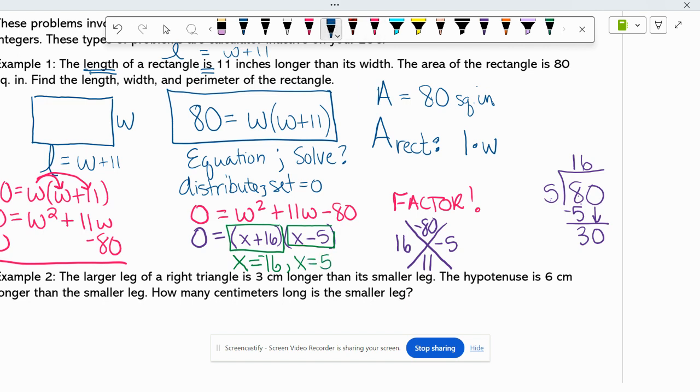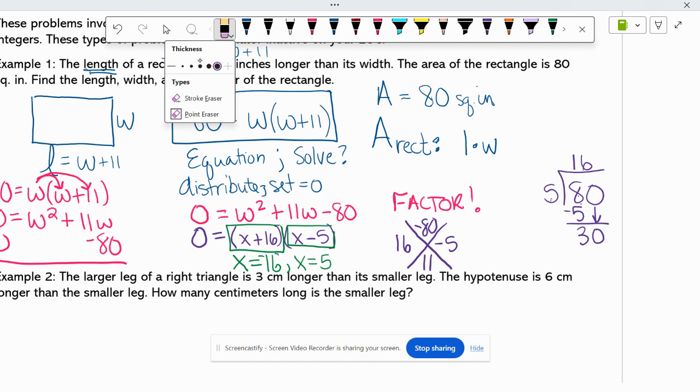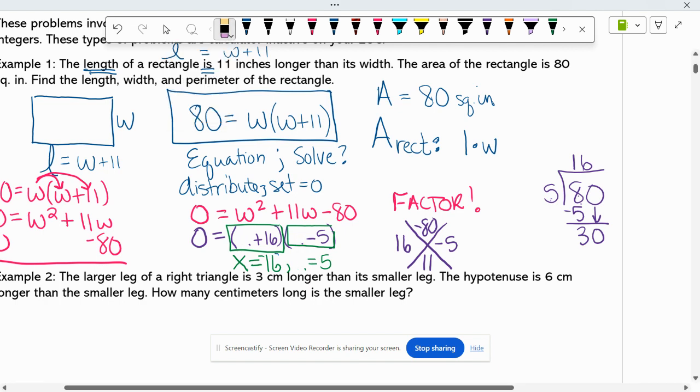I want to ask you a question. I'm using x, but really our variable is w. So maybe I should put a w in here. Maybe that'll help you guys with your thinking, because we're really using the variable w. So I'm going to write w, w, w. So w, my width, equals negative 16.